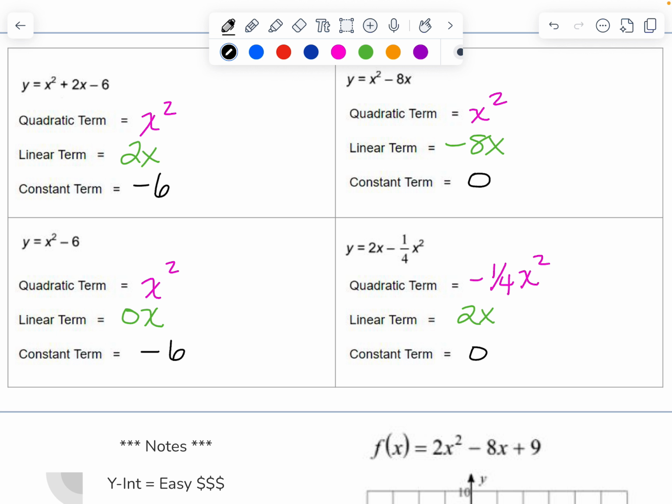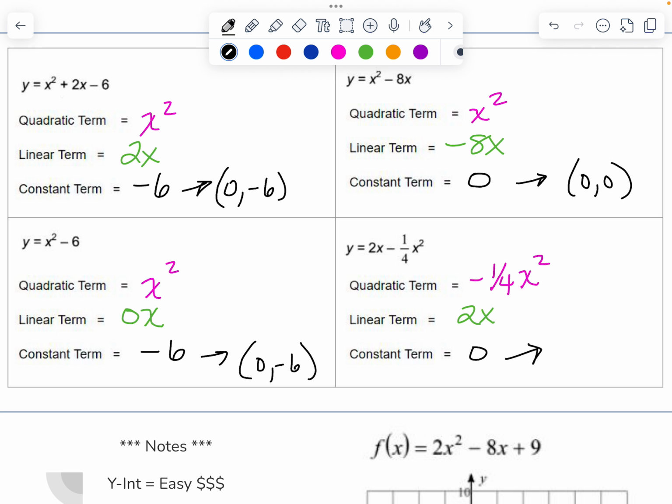So in terms of points, 0, negative 6 would be our y-intercept for 2 of these, and for 2 of these our y-intercept, and technically our x-intercept as well, would be 0, 0.